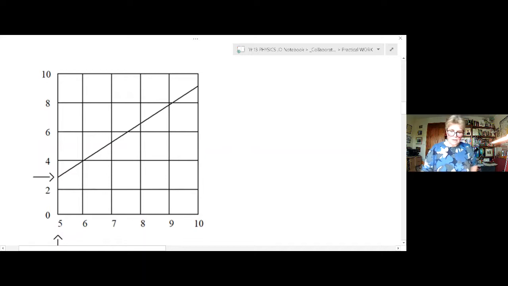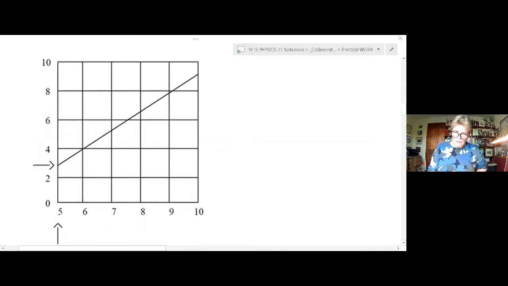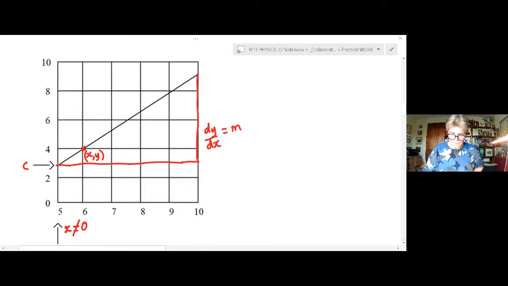Okay, is there anything wrong with that? Now, this one was used to get the Y-intercept. The Y-intercept would be here, but not in this case, because x is not equal to 0, and you can't just read it off. So what you would have to do here is find a known point. Let's say this point here, an x, y. You would have to find the gradient by doing your triangle and doing dy by dx to get the gradient.